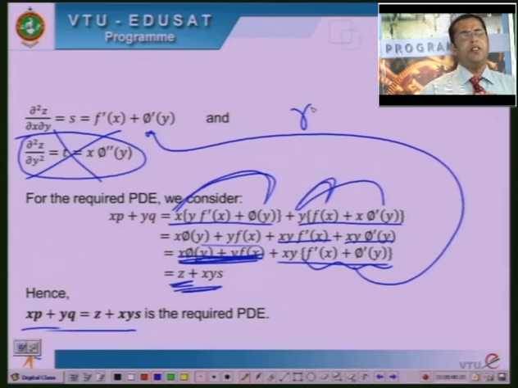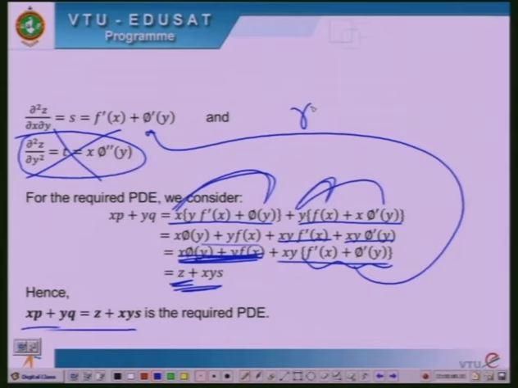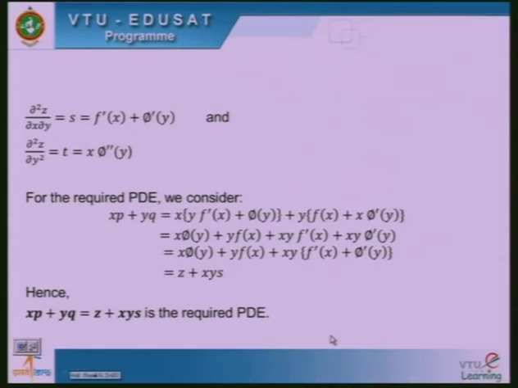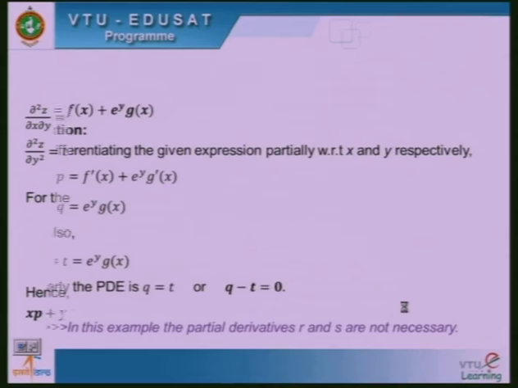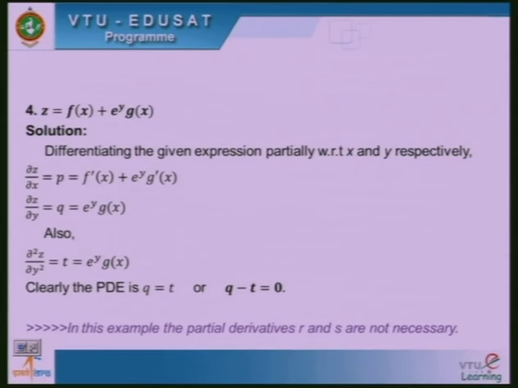The necessity of r as well as t does not arise, but this is not the case for all examples. Each example has its own requirements. Some may require r, some may require s, some may require all three, and so on. As we go along, we can see the necessity of these partial derivatives. Let us go to the next example.